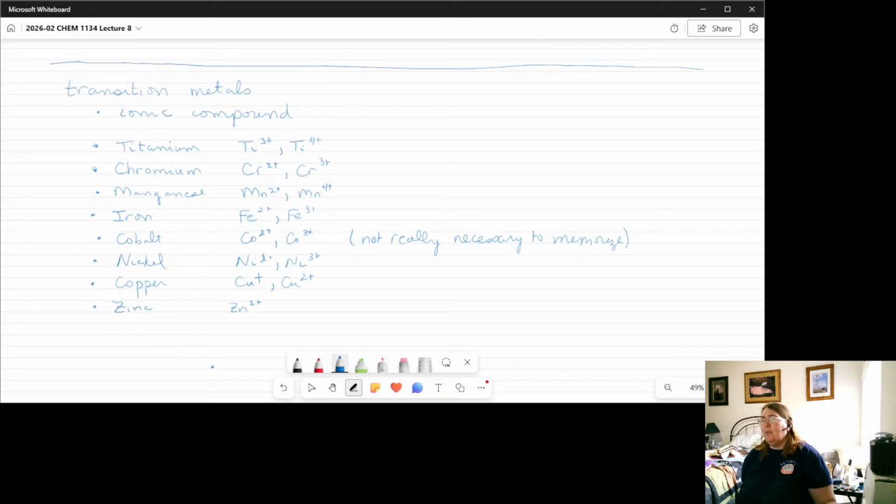In terms of the rest of the periodic table, the ones that you need to be familiar with are silver, which is argentum in terms of Latin. I'd have to look it up. It only forms a +1.